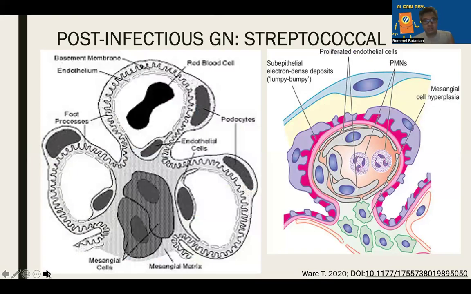So it's just an electron microscopy schematic diagram here. As you can see, there are, again, much more electron dense deposits here and the presence of polymorphonuclear white blood cells.